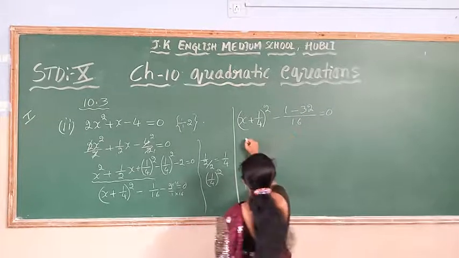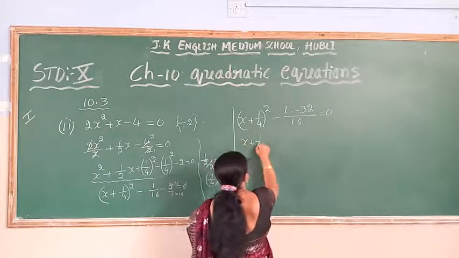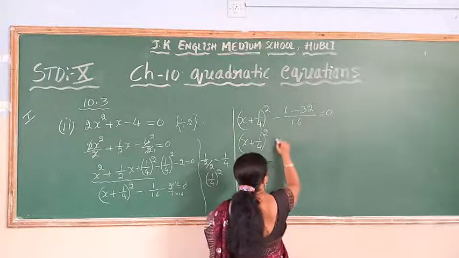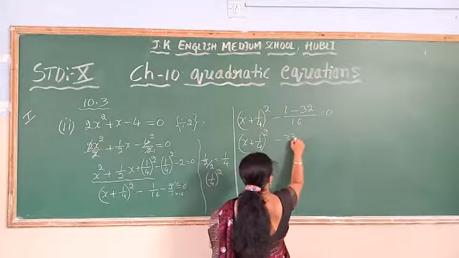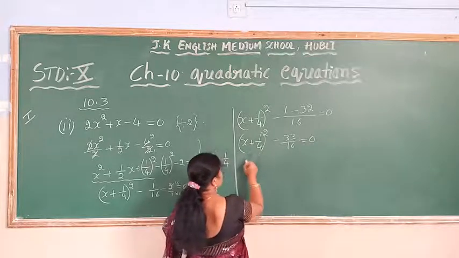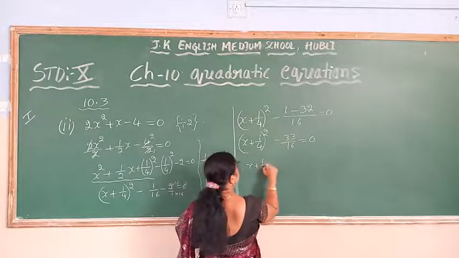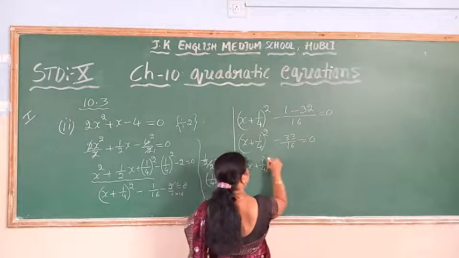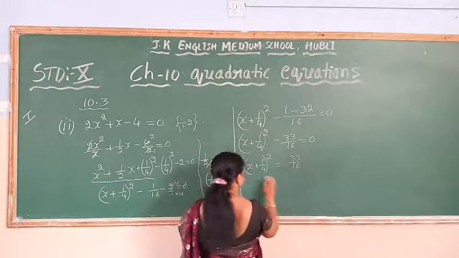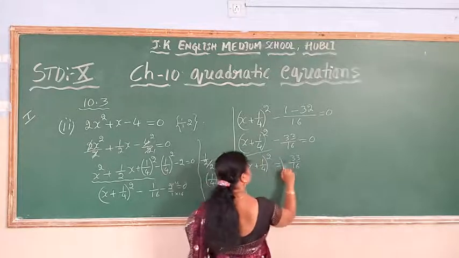So (x plus 1 by 4) whole square, minus 1 minus 32 is minus 33 divided by 16, equal to 0. Take it to that side, it becomes 33 by 16. Then apply the square root on both sides.